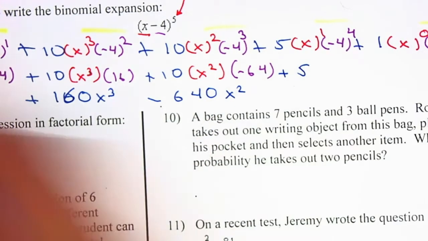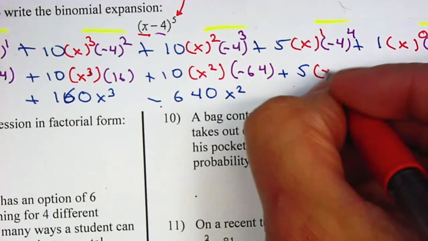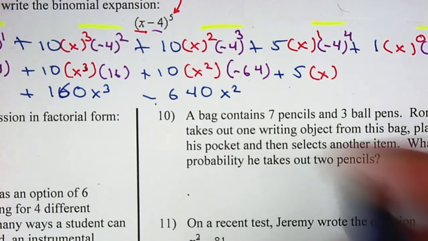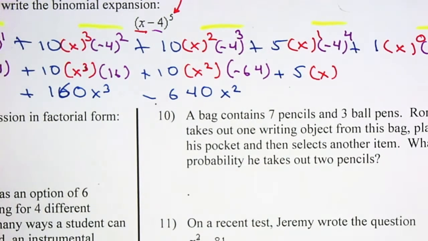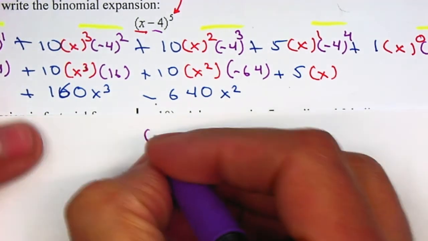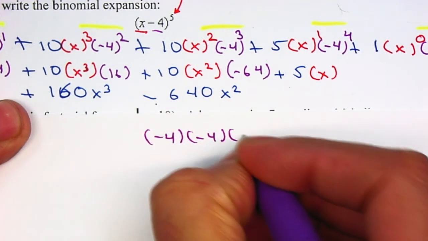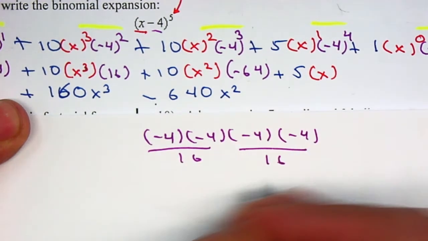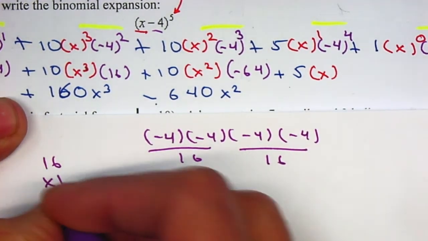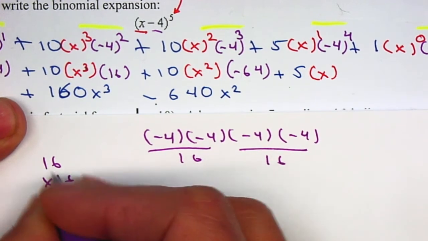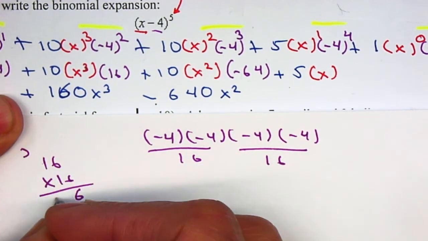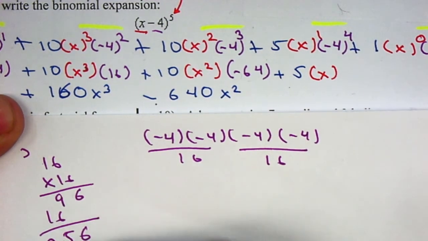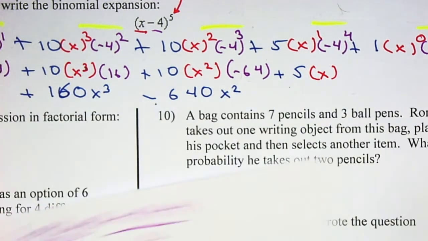Let's continue with the next one, x. X to the first is just x. We have negative 4 to the fourth power. That is negative 4 times negative 4 times negative 4 times negative 4, which gives me positive 16 times 16, which is 256.